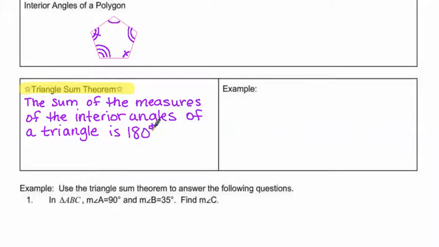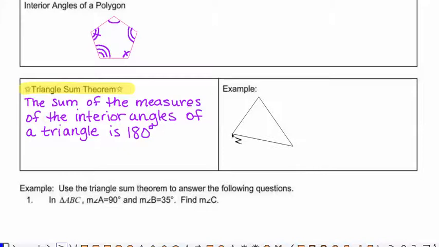The sum of the measures of the interior angles of a triangle is 180 degrees. So in this case, we're going to start with some random triangle, and I'm going to name it ABC. Doesn't matter what kind of triangle you draw, just any old triangle will do. Label one vertex A, one vertex B, and one vertex C.